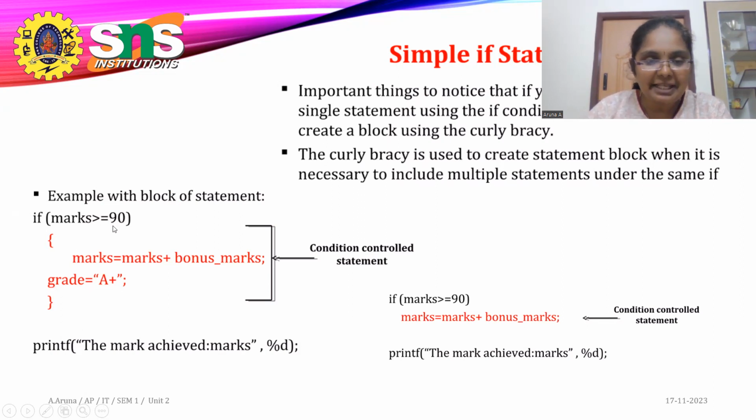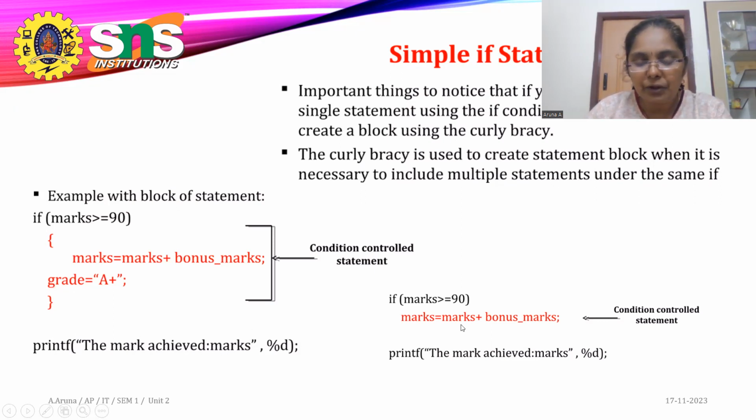In this example, I have given curly braces. So if this condition is true, both statements are executed. Both statements are taken as a conditional control statement because they are inside the curly braces. After executing this, it will move to the printf, and the mark achieved will be printed here.